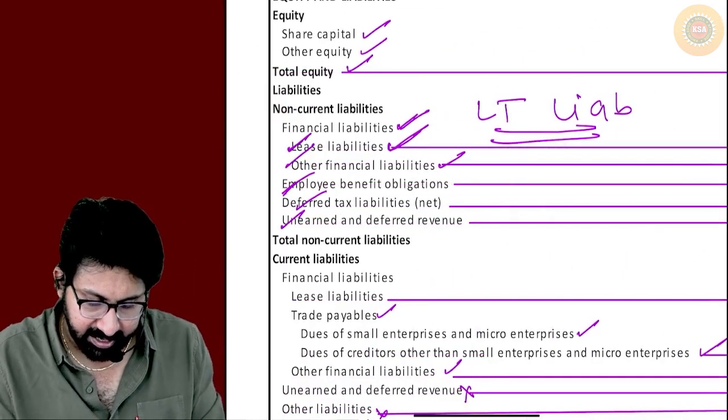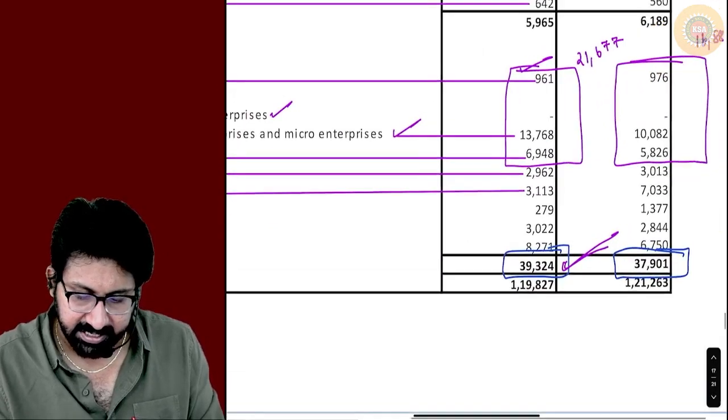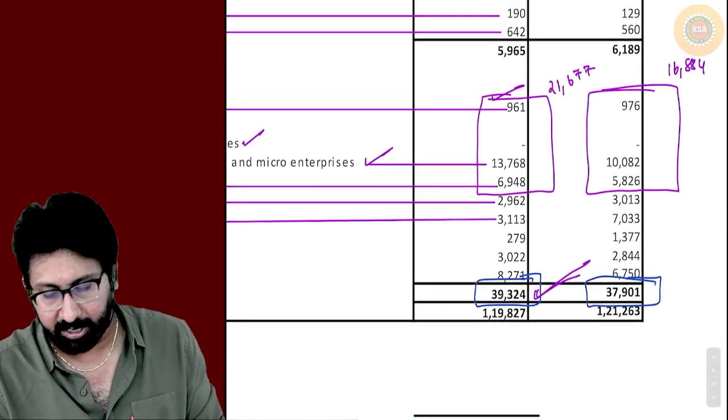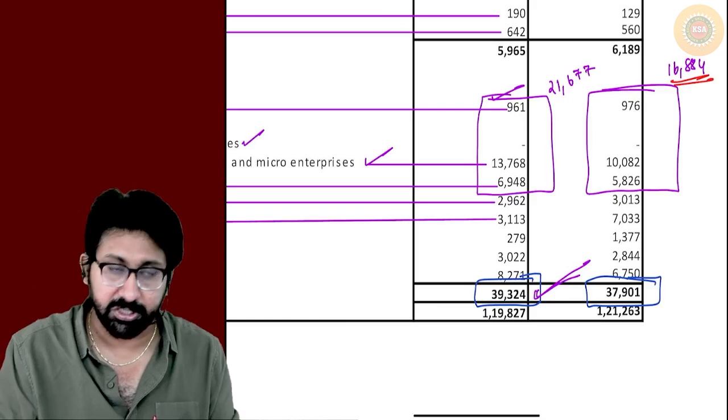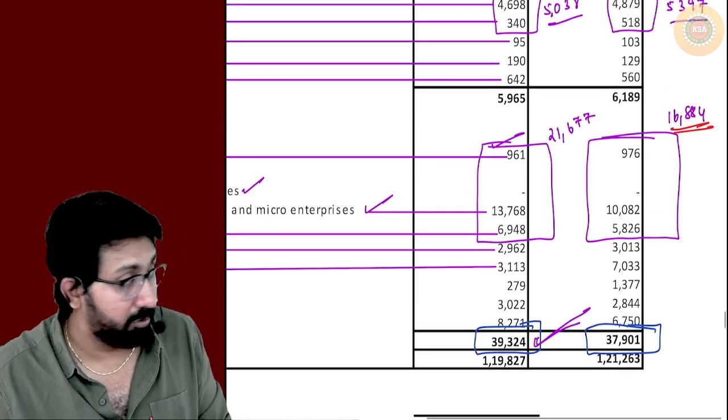Please see this and answer. Short-term debt means current or non-current? We have to take current. Tell me how much? 16,884.